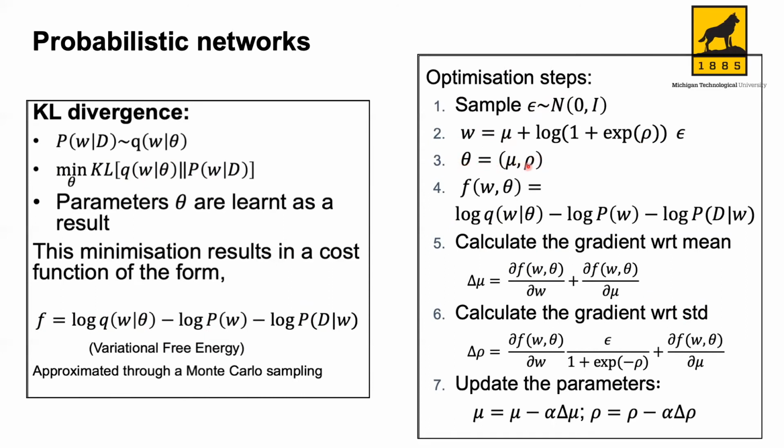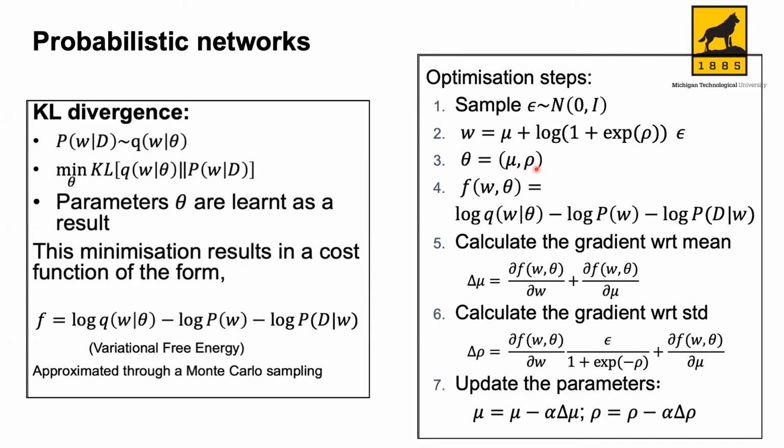For each and every weight and bias, now parameterized by a stochastic variable, W follows a Gaussian distribution with mean mu and standard deviation rho. And now if I can find mu and rho, I know the probabilistic weights and biases, or probabilistic parameters, for the neural network. Our objective is to find the theta for each and every weight and bias. That's it.